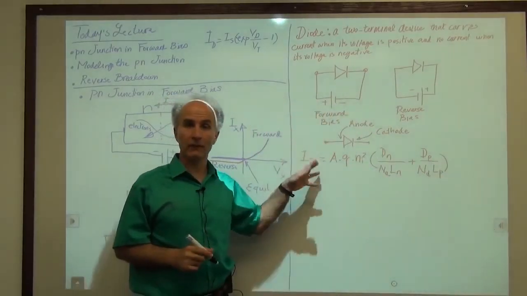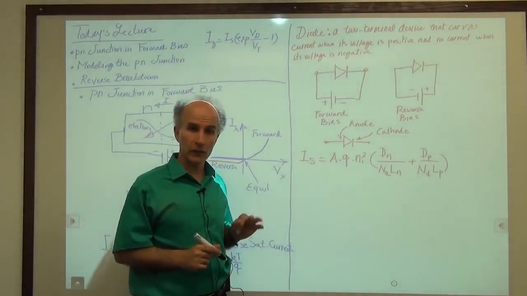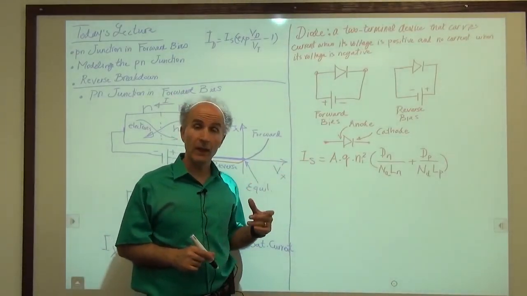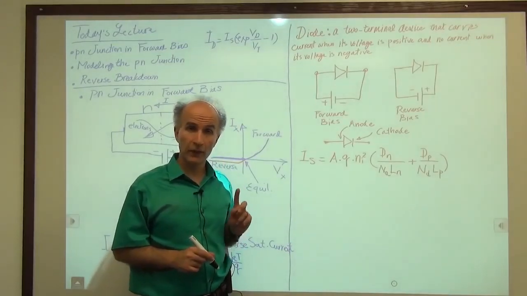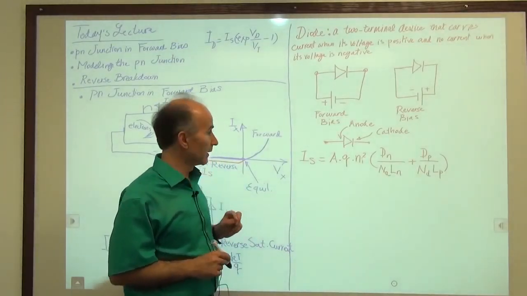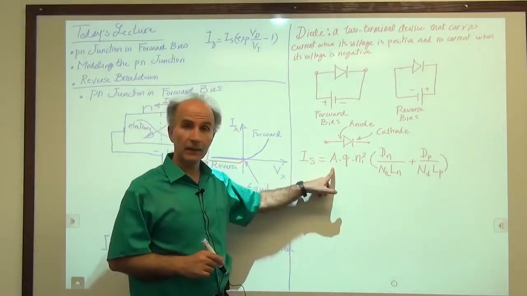Lots of constants running around this equation. Don't worry too much. We don't use this equation very often, but I wanted to point out a few interesting facts about it. So, what's A?